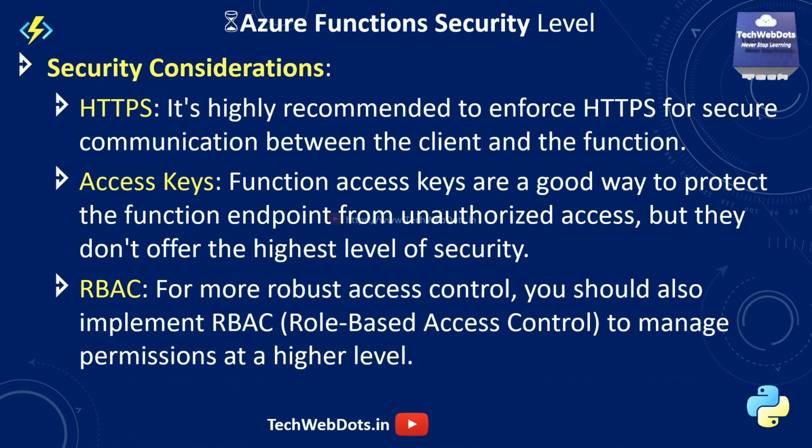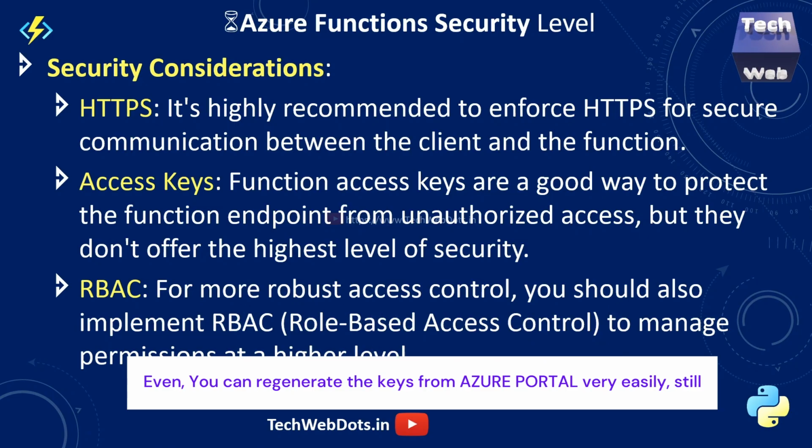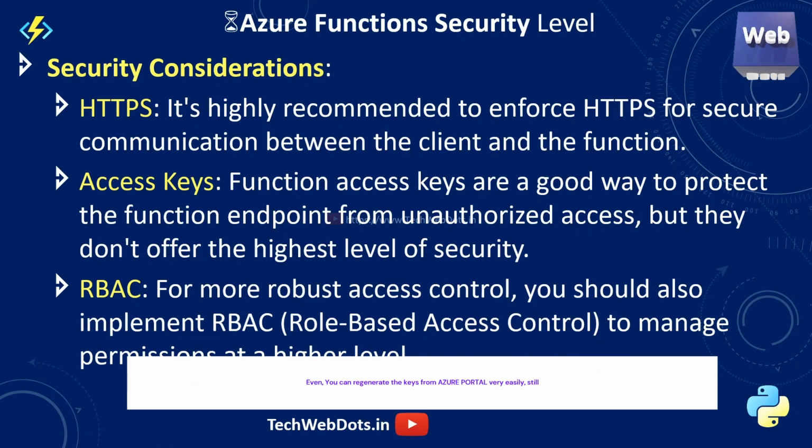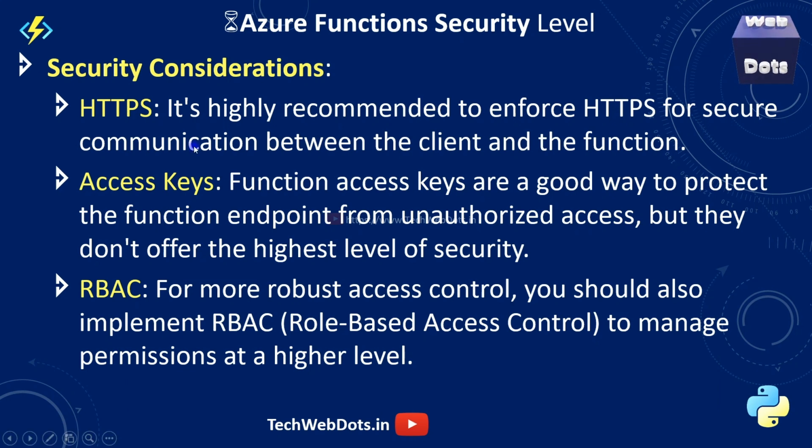Now the last thing, the important one, the security considerations, because once access keys are compromised, you will be in trouble. So what other things can you implement from the security point of view? Number one, HTTPS. It is highly recommended to enforce HTTPS for secure communication between the client and functions.